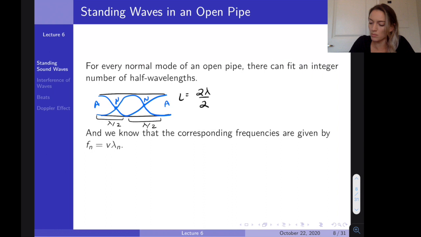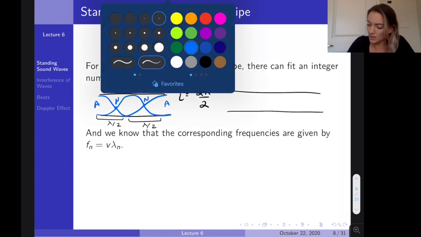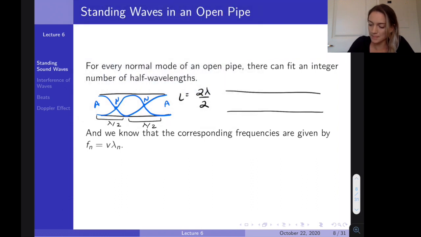And then I can also fit more wavelengths in here. I could fit 3 half wavelengths. So let's try to fit 3 half wavelengths. It's not totally even, but it'll do. So then I have 1 node, 2 node, 3 node, and then I have an antinode there, and then 2 antinodes in the middle.